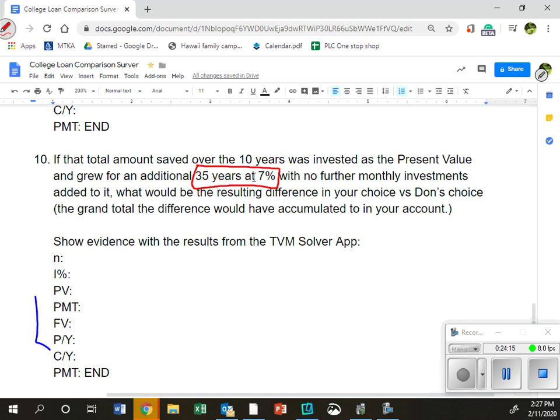Am I making payments? No. Because we were just comparing with that extra money that you didn't have to pay because you didn't have giant loan payments. All right. So, rough numbers here.